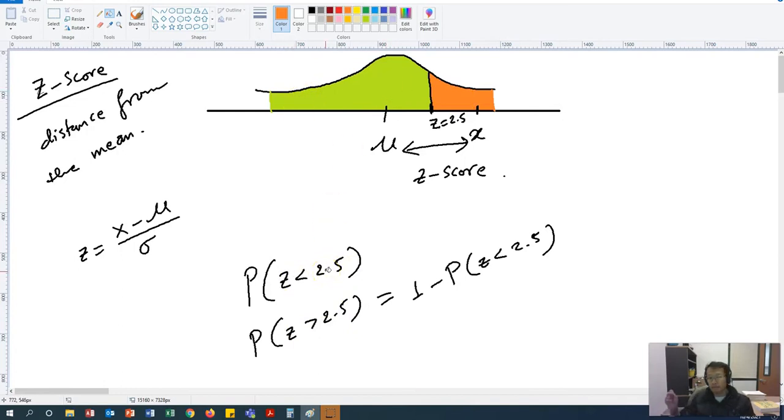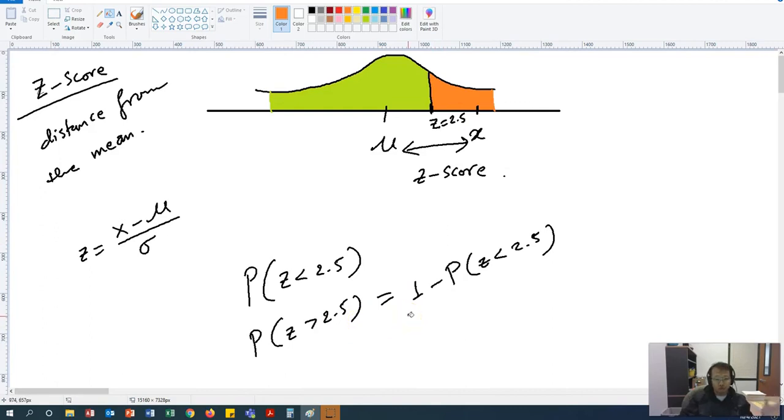Underneath the z-score means the total probability that a point chosen is 2.5 distance apart or less from the mean. That's the green colored portion. And the probability that a point we choose lies in the orange region, 2.5 standard deviations or more far from the mean, is the orange one.